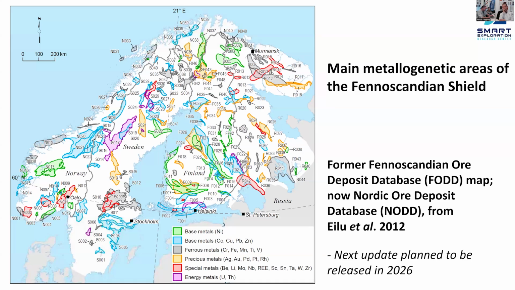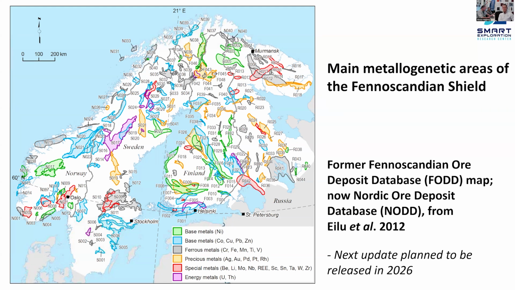So, looking at this map, why these strange and sometimes even rather weird patterns, these areas for classification of various metals? You can see the legend down there: base metals, ordinary base metals, ferrous metals, special metals, those are mainly the critical ones, and so on.